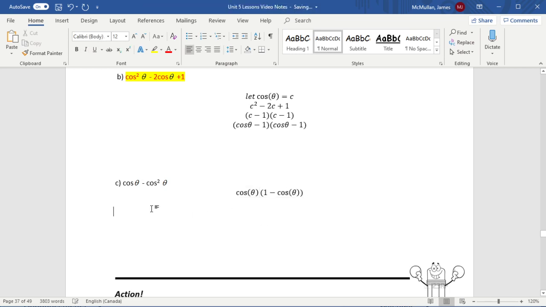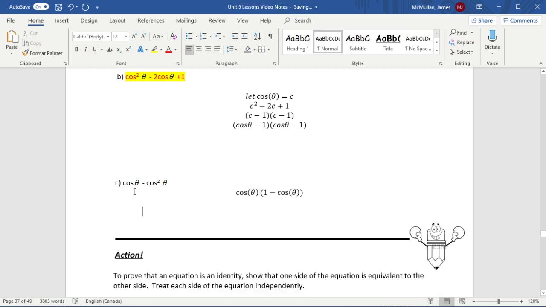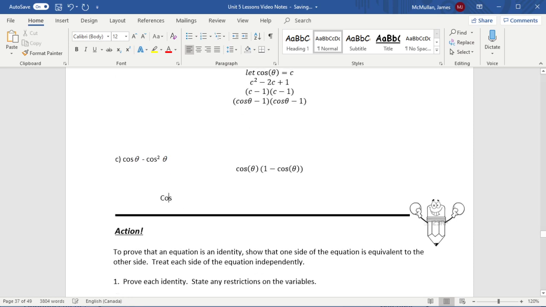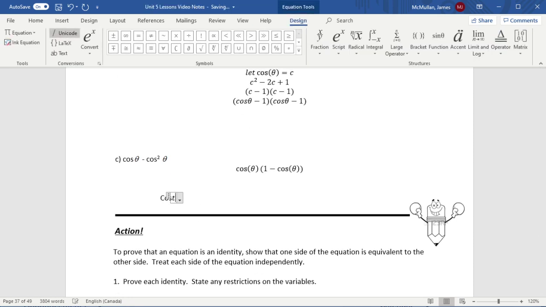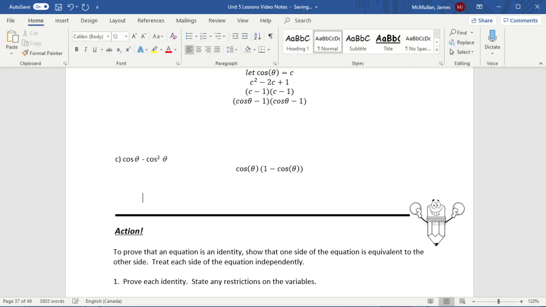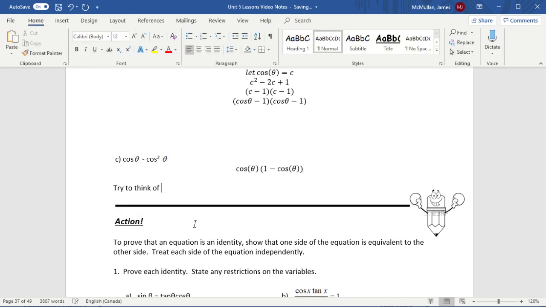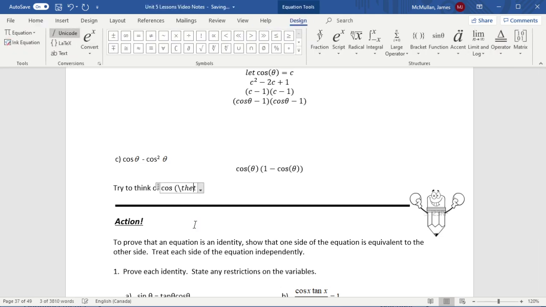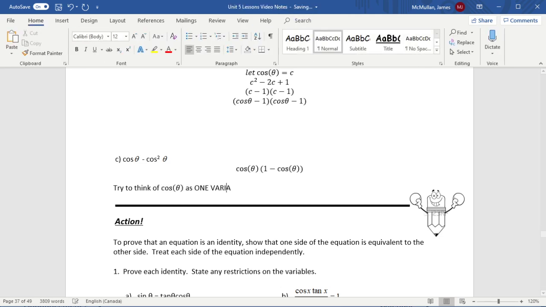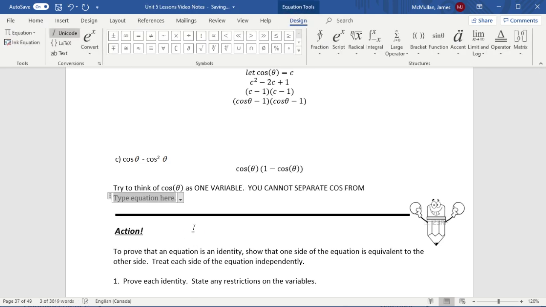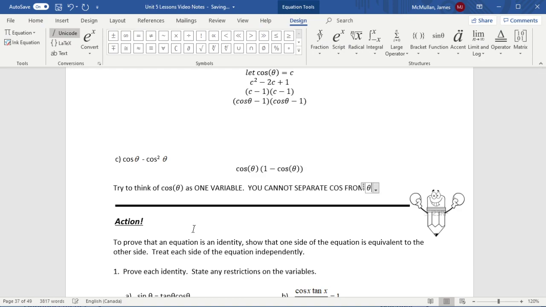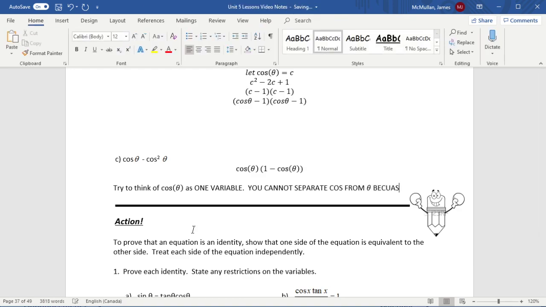Okay? So again, just remember, you can factor these expressions as long as you remember that cos theta is all one blob. Let me write this down. Try to think of cos theta as one variable. You cannot separate cos from theta because cos is a function.